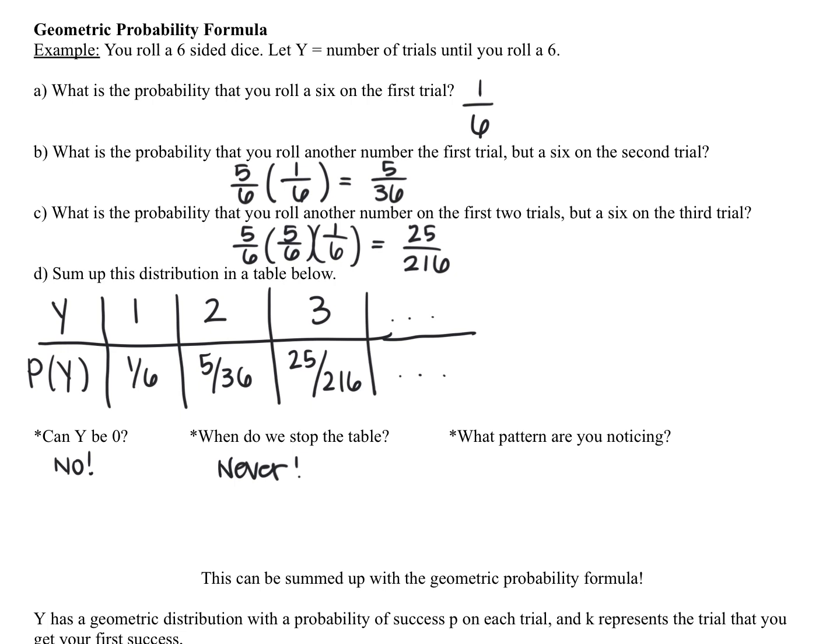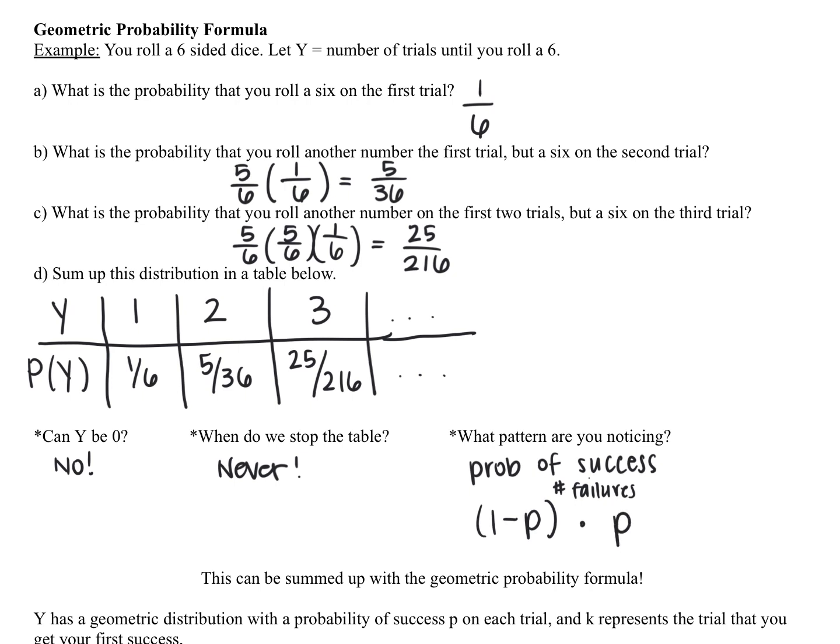And then if we're looking at my pattern, my probability is 1 minus the probability of success to your number of failures, times the probability of success.